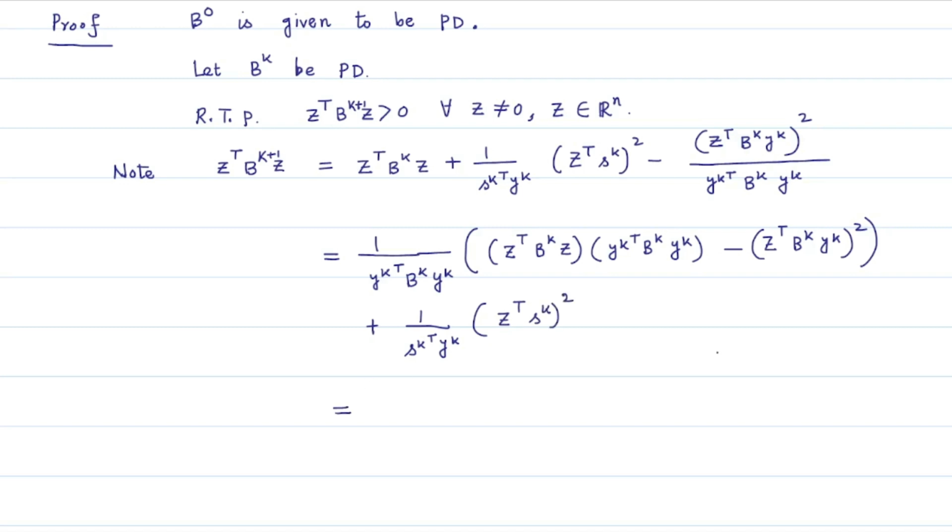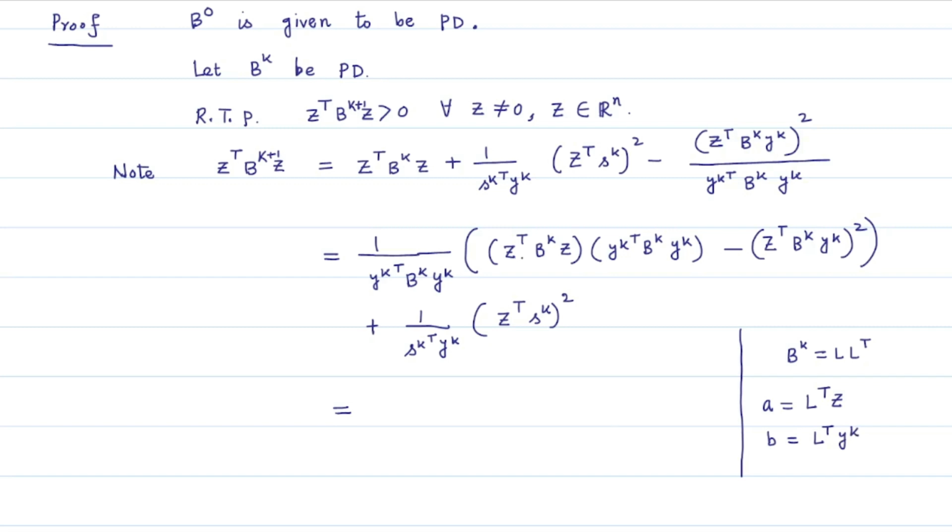Now the expression in this bracket can be written in the following manner. Notice that Bk is assumed to be positive definite. So with the Cholesky factorization, Bk can be written as L L transpose, where L is a lower triangular matrix with all the entries in the diagonal positive. Now we take a vector a defined by L transpose z and define the vector b by L transpose yk.